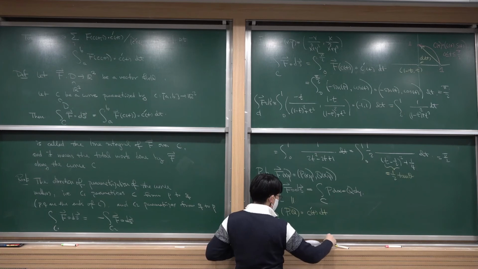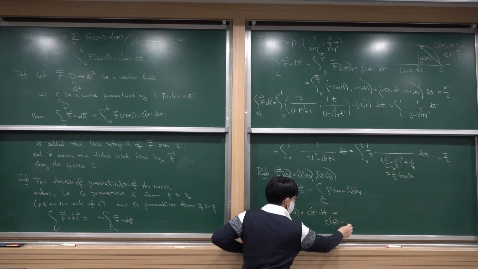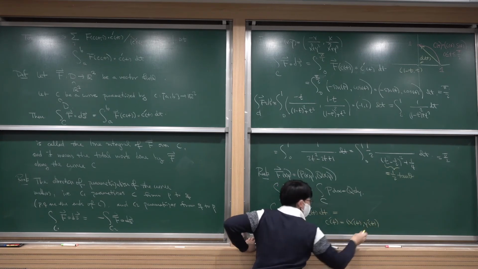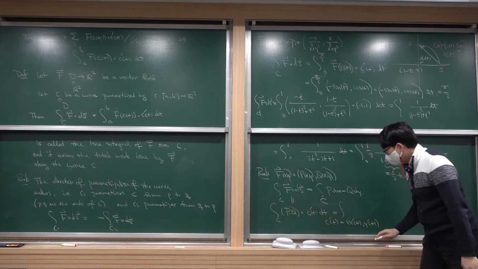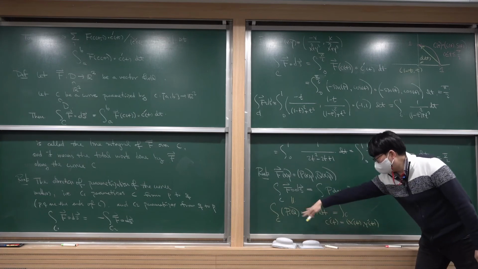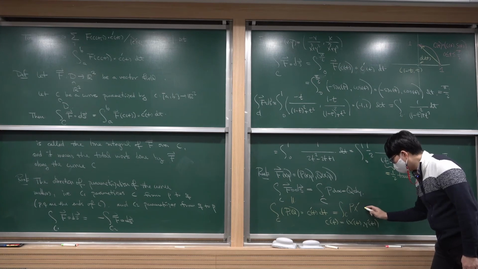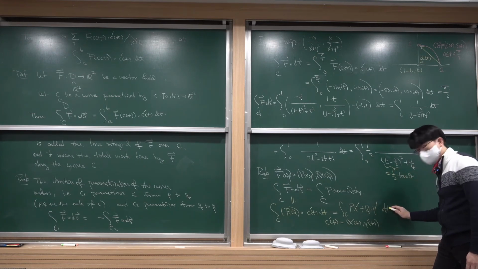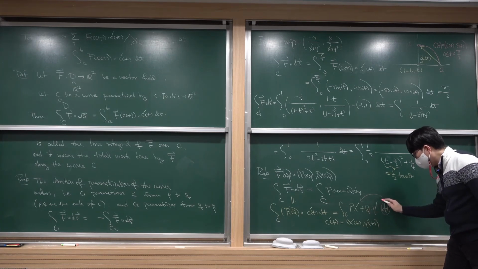C prime t is (x prime t, y prime t) in the xy plane. So you can rewrite this integration as P times x prime plus Q times y prime dt, and then you distribute your dt here and there.